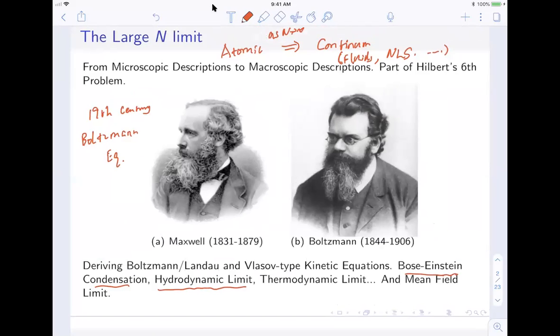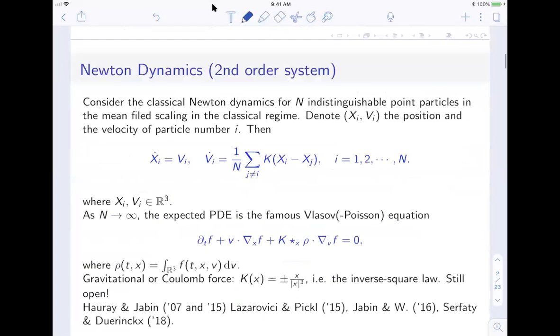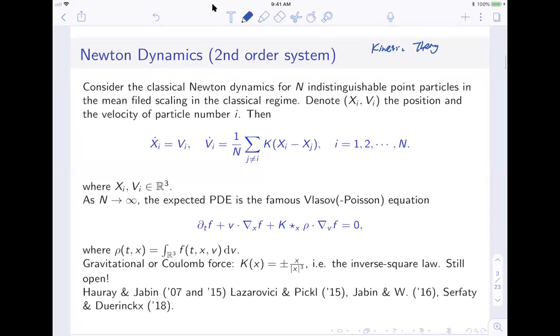Okay, let's change your color. So I'm starting from kinetic theory. In kinetic theory, this problem arises from the following specific problem. We consider Newton dynamics. This is classical Newton dynamics, and x_i is just the position, v_i is just the velocity.